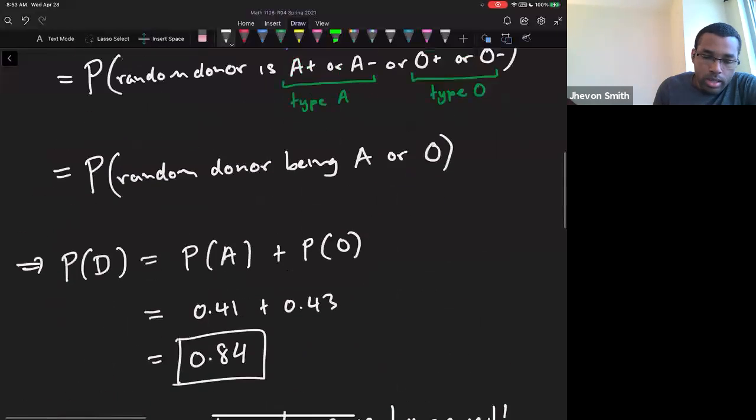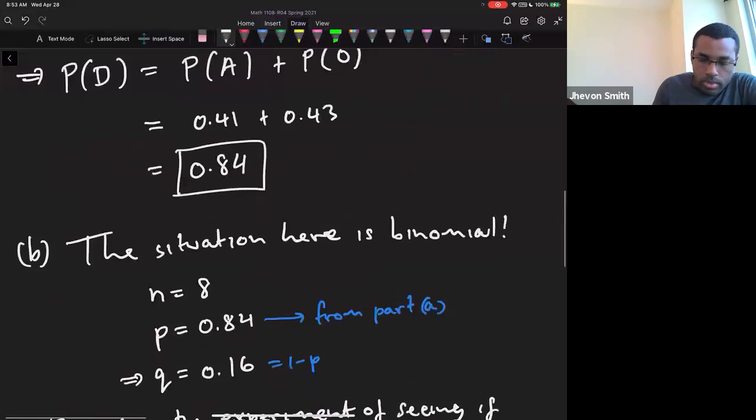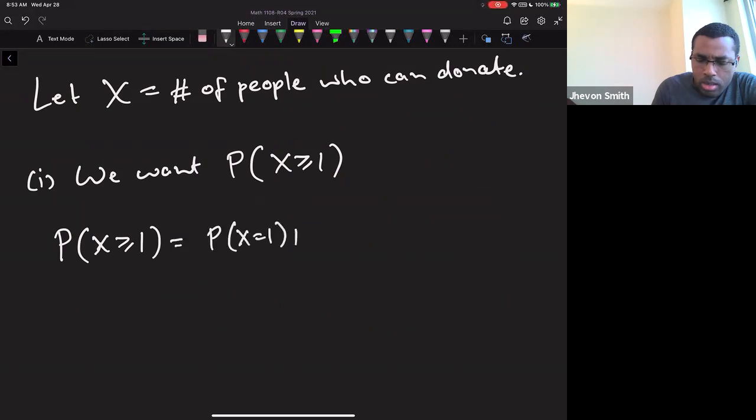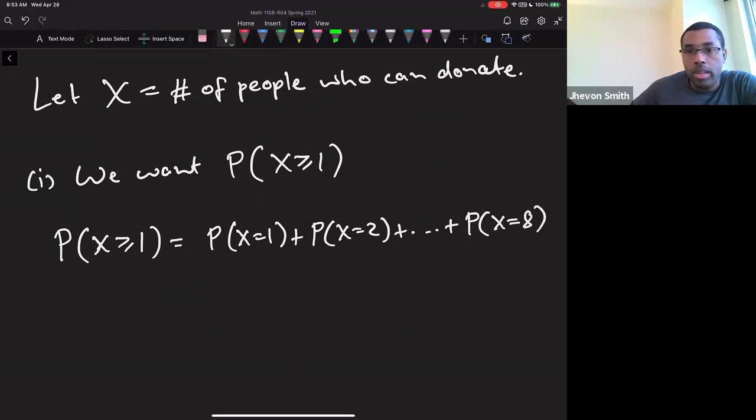At least 1 unit can be found. Now, of course, the probability that X is greater than or equal to 1 is the probability that X equals 1 plus the probability that X equals 2 plus, and so on, up to the probability that X equals 8. All 8 people can donate.